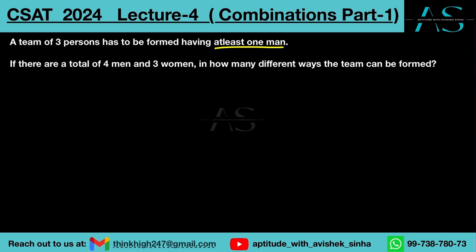Our ultimate aim here is to form a team. And when we talk about a team, every team must necessarily comprise 3 members. Also, each team must have at least one man. If we are forming a team which has no man, that will not be counted as a required selection.